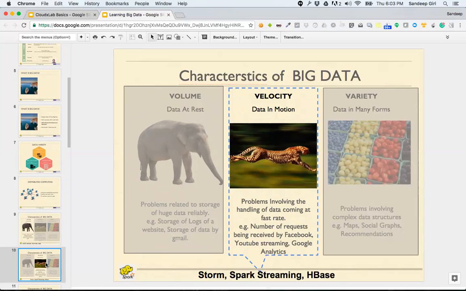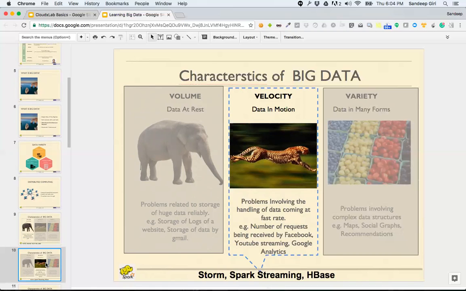Now, imagine how you would handle situations like Facebook, because the whole world is checking Facebook every second. The number of requests is in billions per second. How do you handle such a circumstance? Such problems become big data problems because of the number of requests or the speed at which the data is coming. That's velocity.